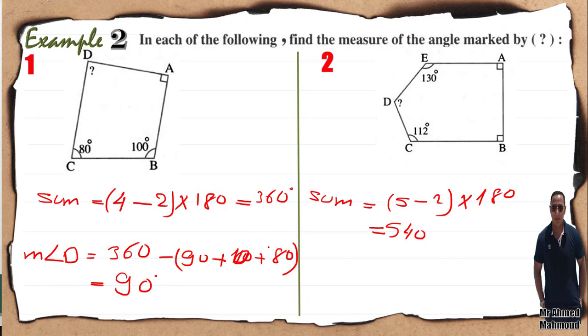The measure of angle D equals 540 minus (90 plus 90 plus 130 plus 112). It equals 118 degrees.